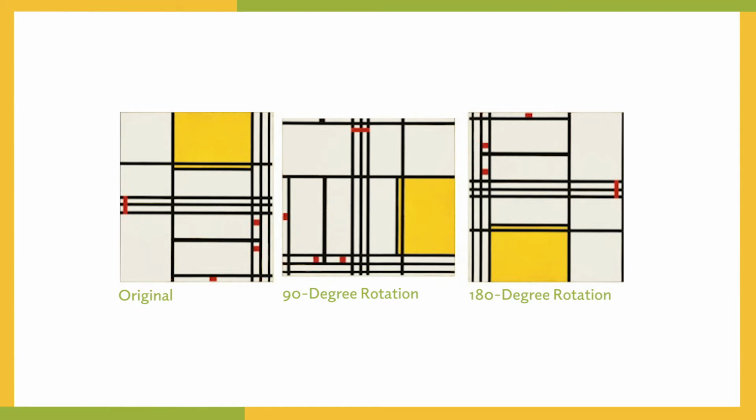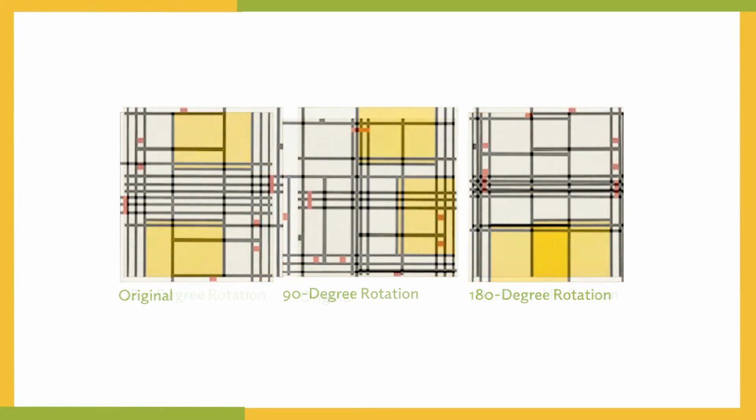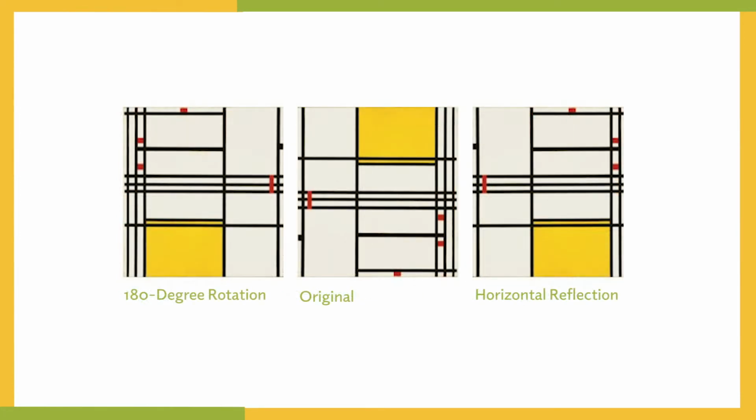You can follow along by the big yellow puddle. And then this is a 180-degree rotation. Then this is the original painting, and this is a horizontal reflection. So this again shows you the original painting, what a rotation looks like, and what a reflection looks like.